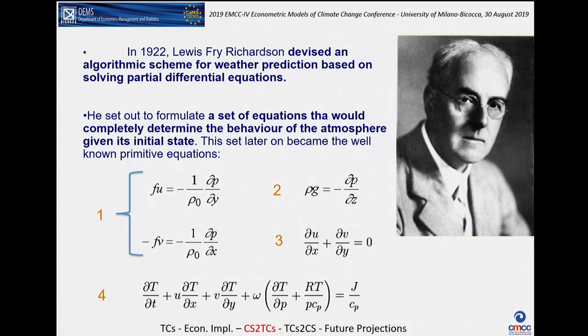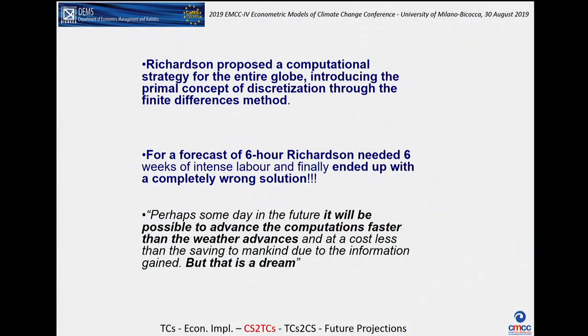So he prepared his theory, he said that it was possible to say something about the next 6 hours. So he made the first 6-hour forecast. In order to do that, he spent 6 weeks working, counting, and whatever, no computer at that time. He spent 6 weeks to forecast 6 hours.